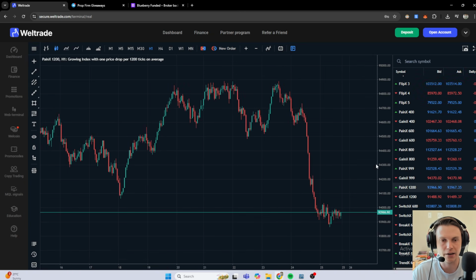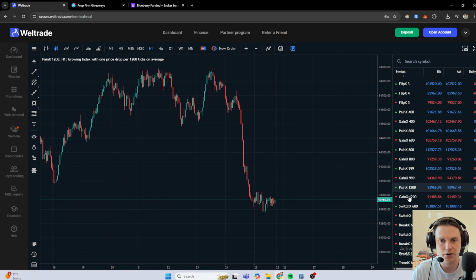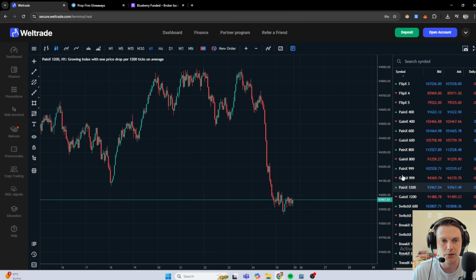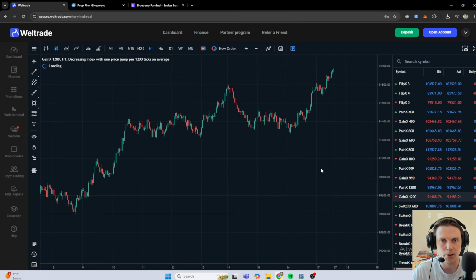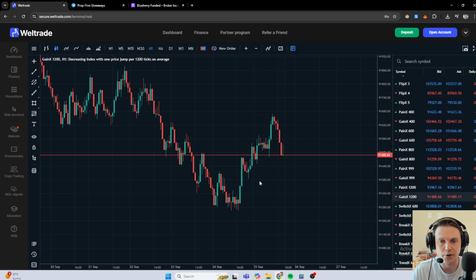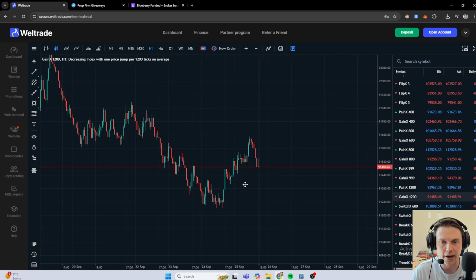Let's go to pain 1200. Same story with this one. It seems like you'll have to wait for it to come to this area, roughly. Very bearish at the moment. And with gain 1200, we might have this big fair value gap here. We already had a retest on these 2 order blocks, so I'm not feeling too safe actually taking a buy.